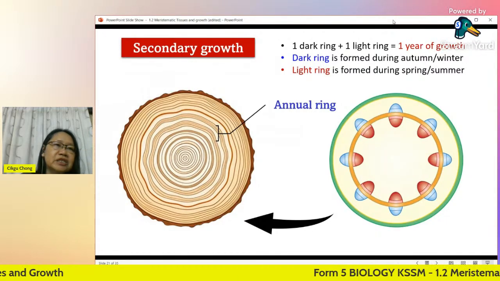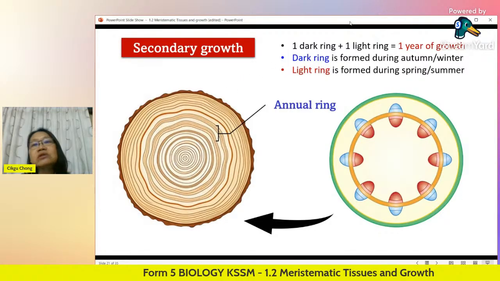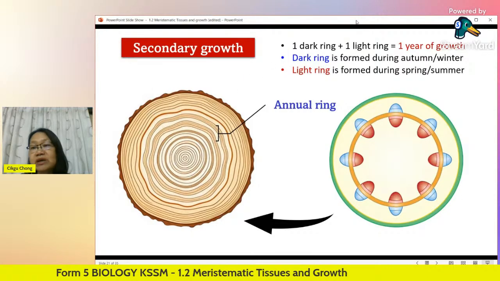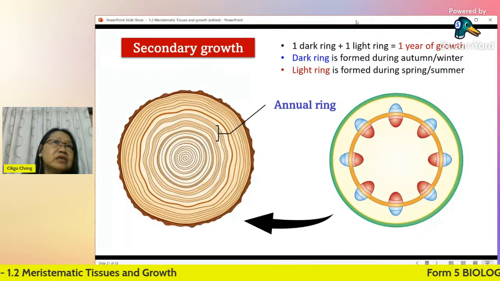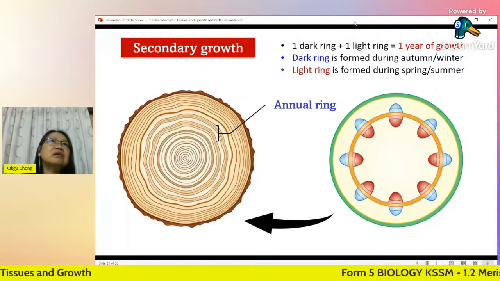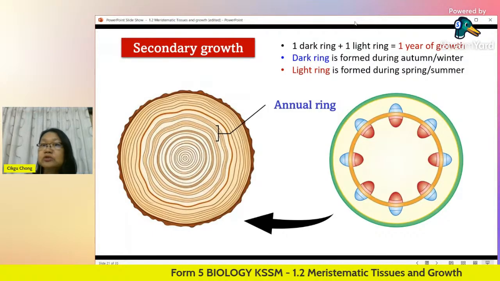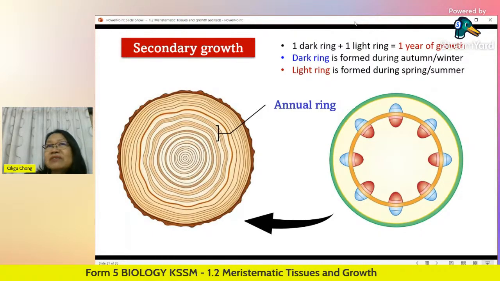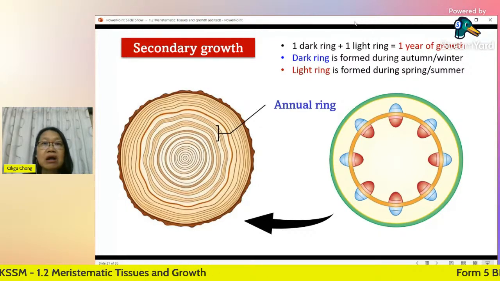Okay, so in Malaysia, it's not very obvious. The reason is because we don't have autumn and winter. It's like one whole year is basically a lot of water, a lot of sunshine. It rains almost the whole year through, right? Unless you have specifically a very dry season, that is musim kemarau.